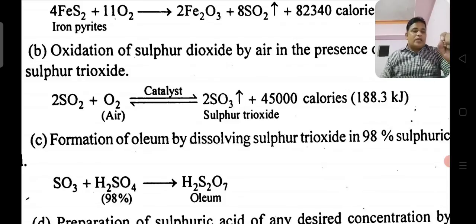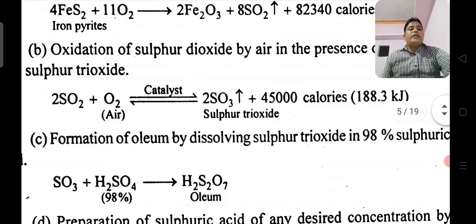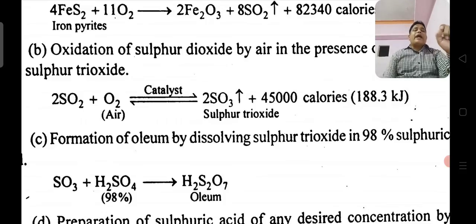The space velocity is the number of cubic feet of gas corrected to normal temperature and pressure that pass over 1 cubic foot of the catalyst space per hour. That means the time of contact of the reacting gases with the catalyst must be carefully controlled and space velocity is adjusted.